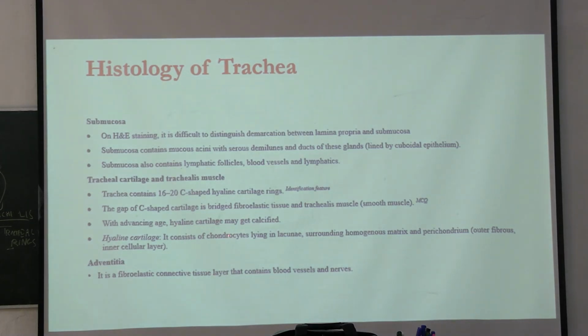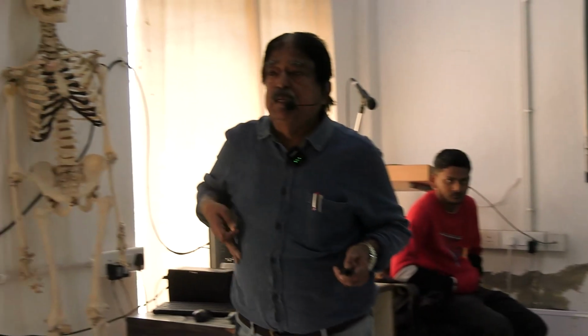Hyaline cartilage consists of chondrocytes lying in lacunae, surrounded by homogeneous matrix, and perichondrium, outer fibrous and inner cellular layer. Adventitia is a fibroelastic tissue layer that contains blood vessels and nerves. Now, the nerves and all come on the outer side.